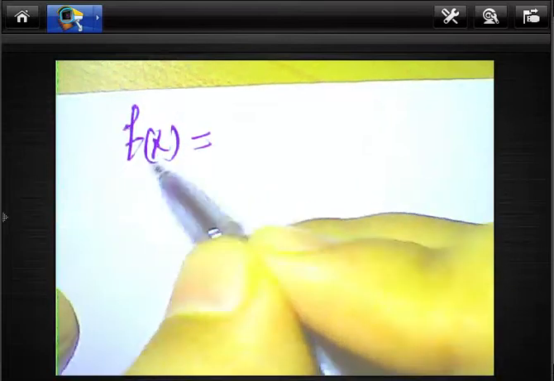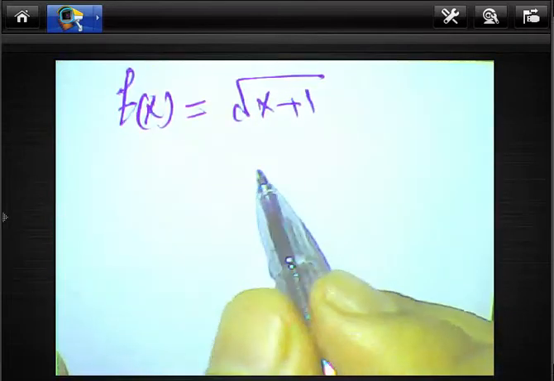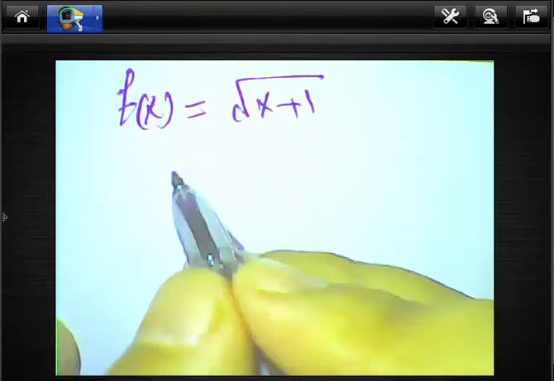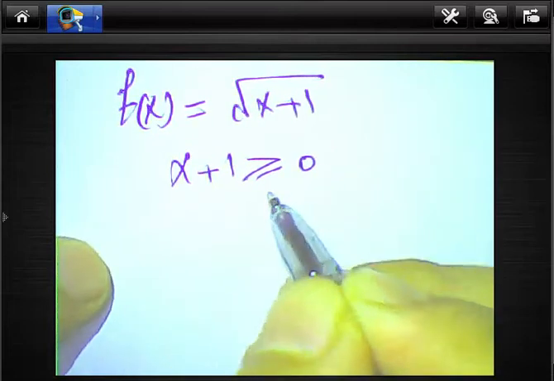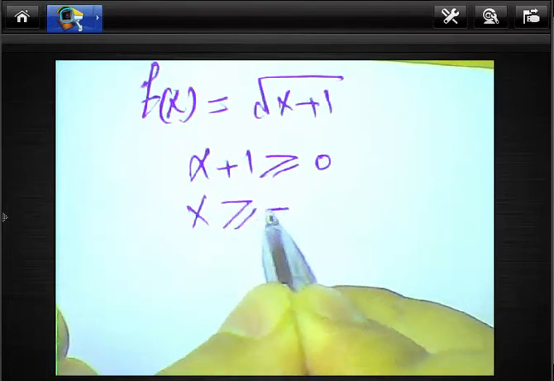Another function: f of x equals the square root of x plus 1. We must write that under this root must be more than or equal to 0. X plus 1 must be more than or equal to 0. So x will be more than or equal to -1.